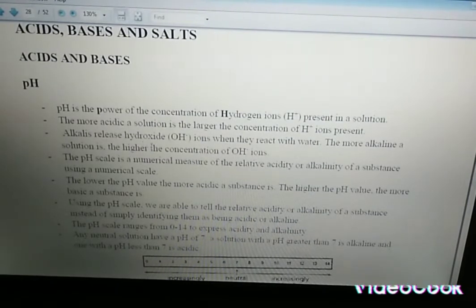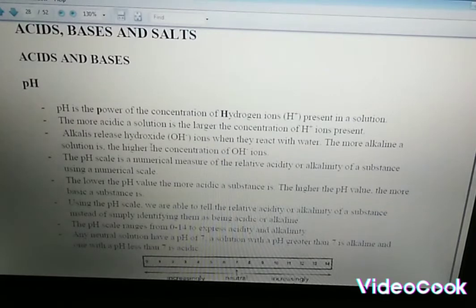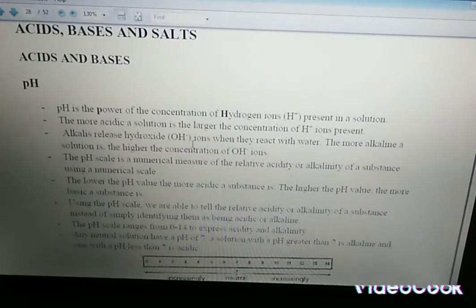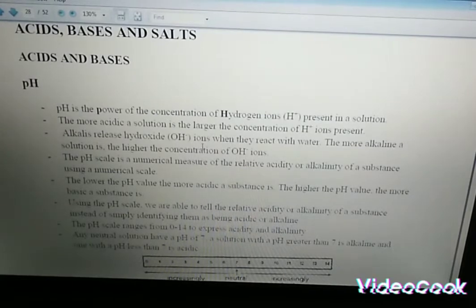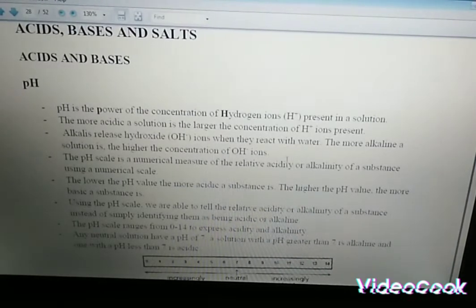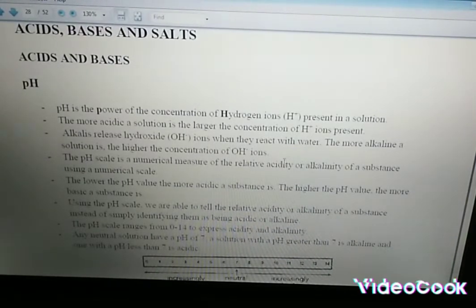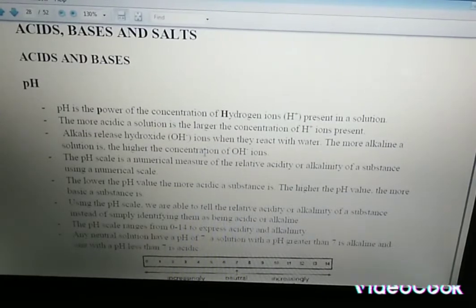For the alkalis and the bases, these release hydroxide ions, especially when they react with water. These OH minus ions make the solution more alkaline. They form what we call alkaline solutions, right? So the higher the concentration of OH minus ions, you say it is alkaline.